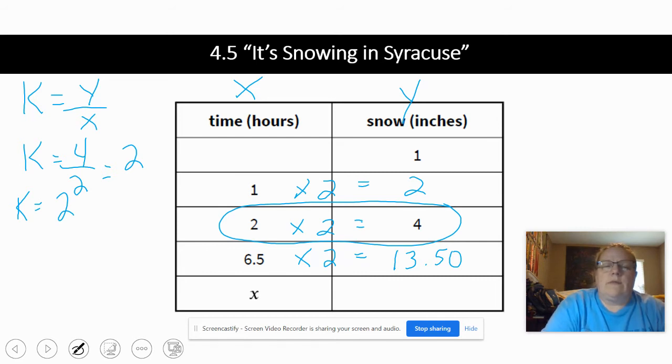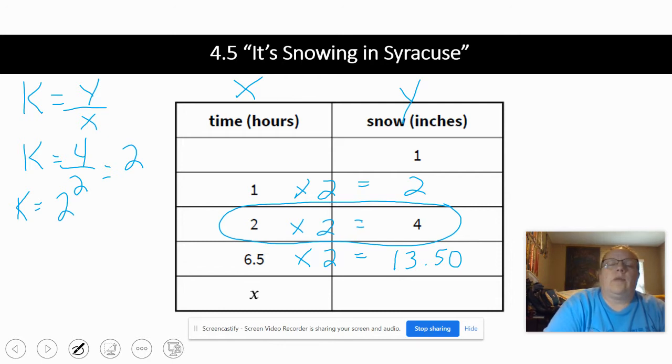Okay. So if I'm multiplying by the constant 2 to go from left to right, I can divide by 2 to go the other direction, or I can multiply by its reciprocal.